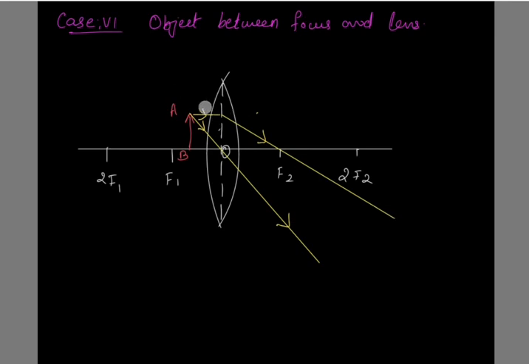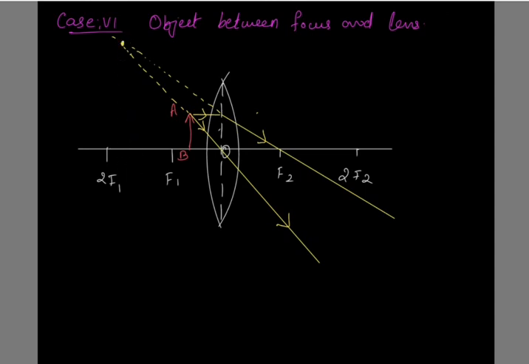Now let us see where the image is formed by back tracing the refracted rays. So when you are back tracing, you can see that these two rays appear to come from this single point where we are going to get the image.